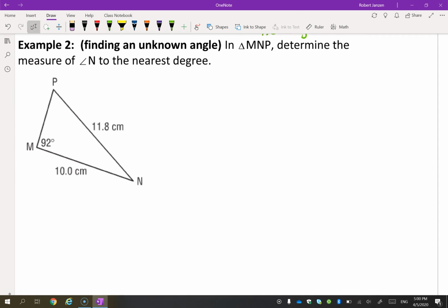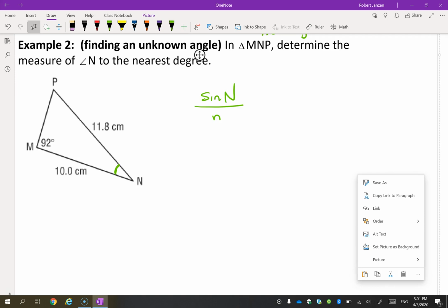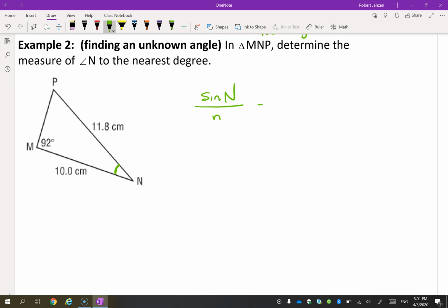Let's check the next one out. Here we're supposed to find angle N. So that means we need the ratio with angle N. So let's write sine N over side N equals sine M over side M and sine P over side P. And let's fill in what we know.